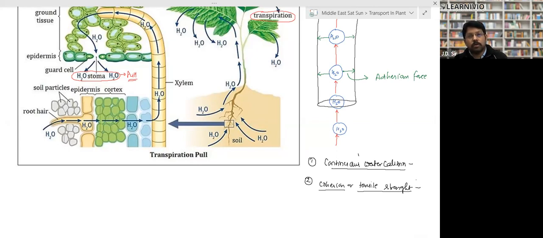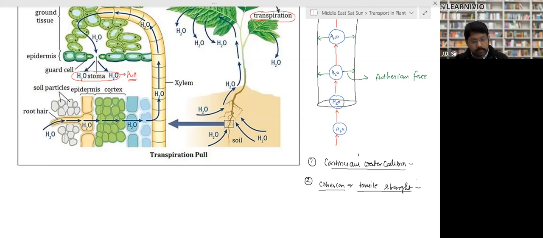This force of attraction is called cohesion force.